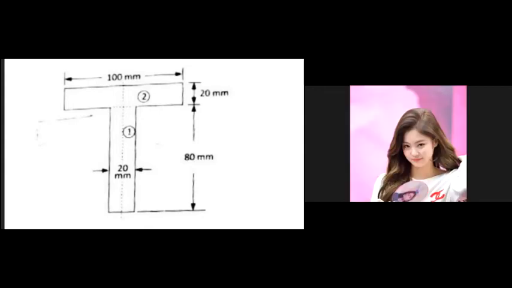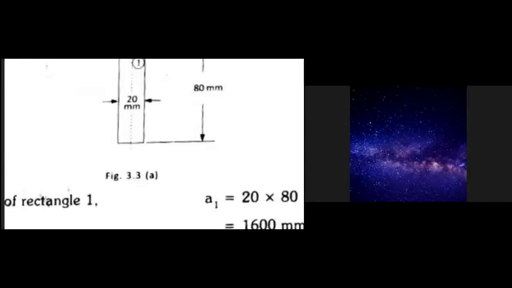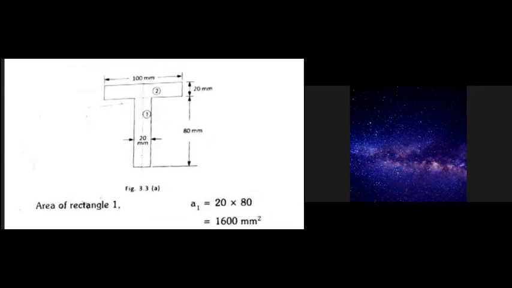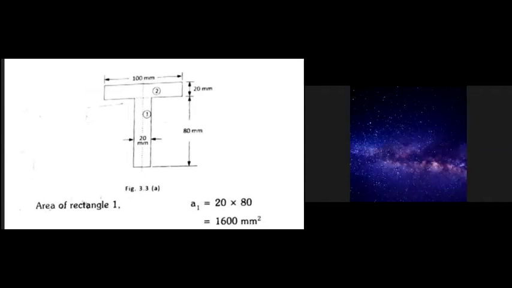So what is the general formula for finding the centroid of the composite section? x bar equals sigma ax by sigma a, and y bar equals sigma ay by sigma a.